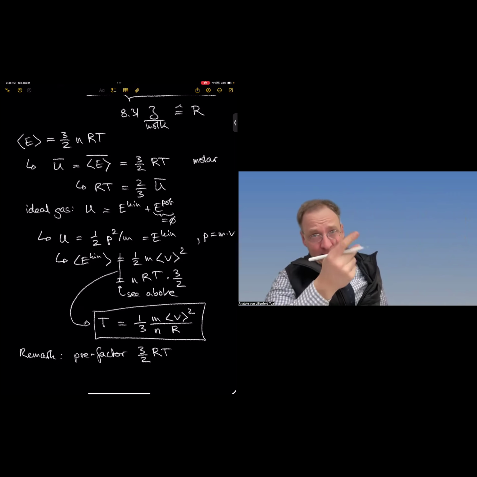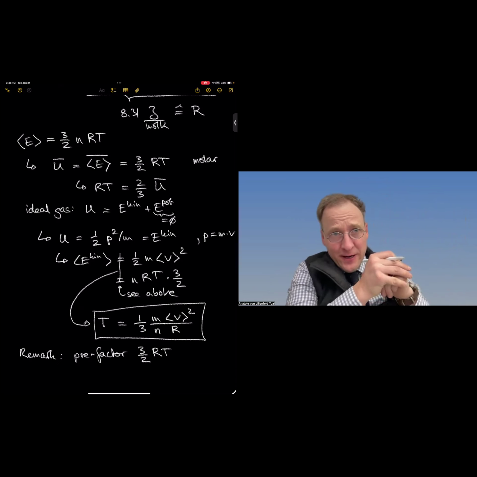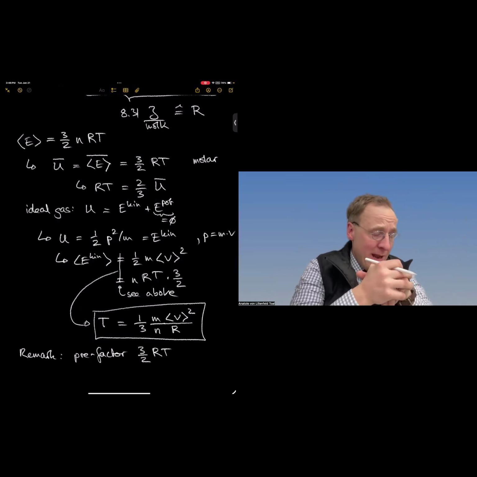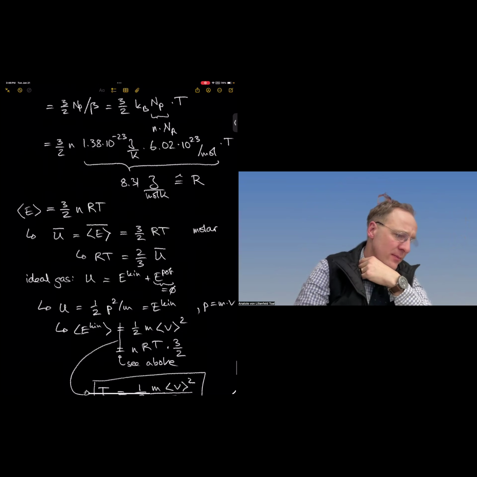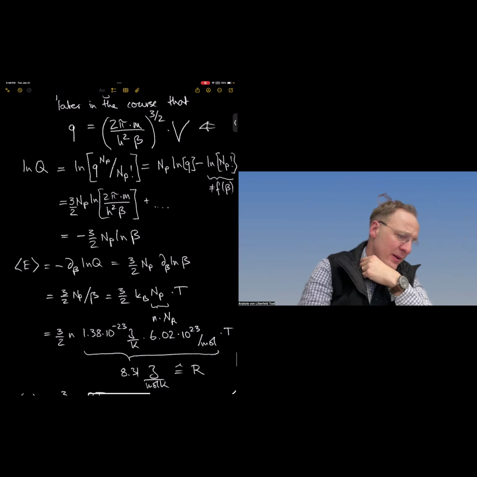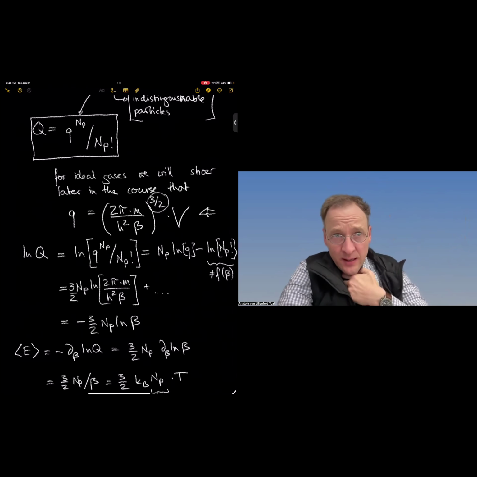The way, and you will see this later on when we derive this partition function, the way we arrived at these 3/2 was through this exponent here.